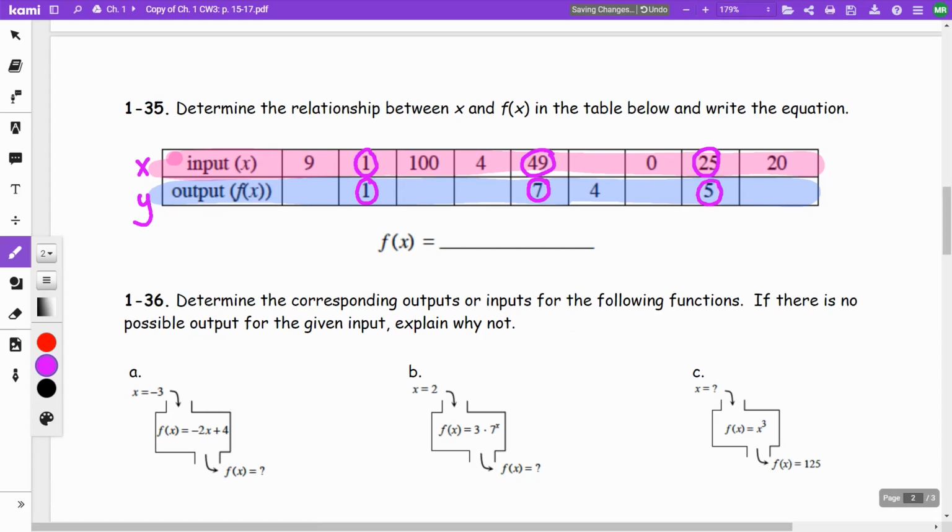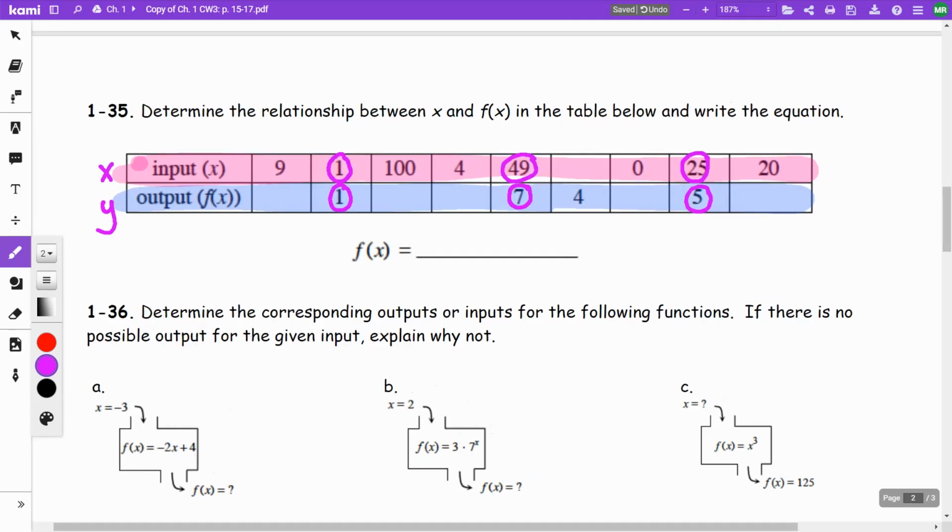So that's what they want you to look for and figure out what is going on with this situation. So again, what am I doing to 1 to get a 1? What am I doing to 49 to get a 7? What am I doing to 25 to get a 5? So if you want to pause and think about that.